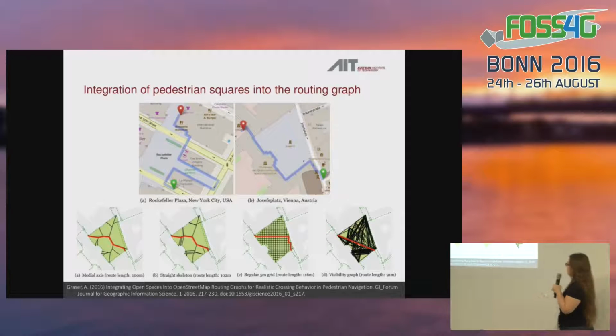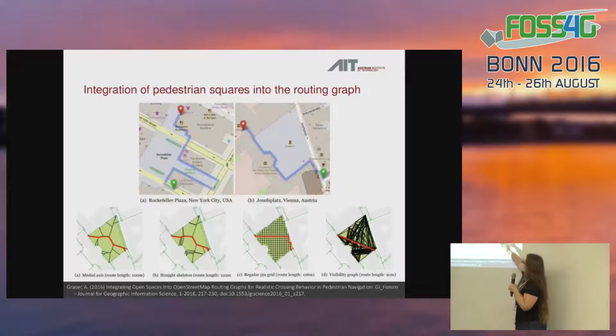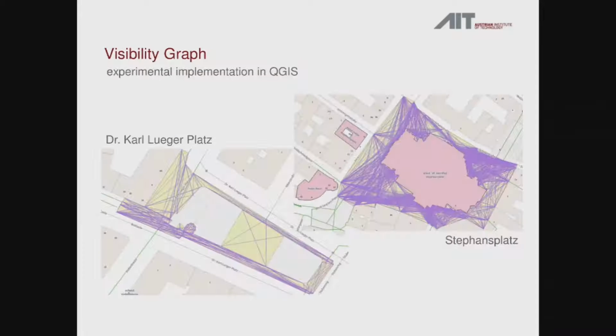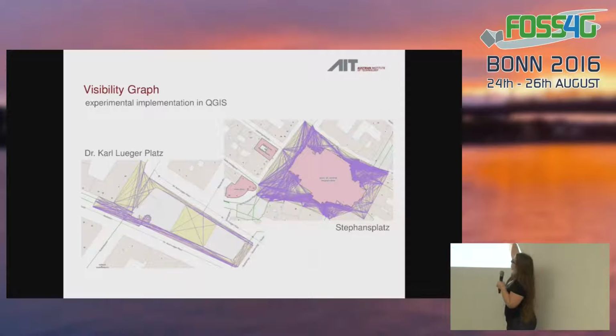So what I ended up selecting is something that is very well known from game development and from pedestrian simulations. It's called a visibility graph. In the visibility graph, you connect all the nodes of the polygon outline. You create those connections, and then you remove connections which are blocked, for example, by a building that's in the middle of the square.